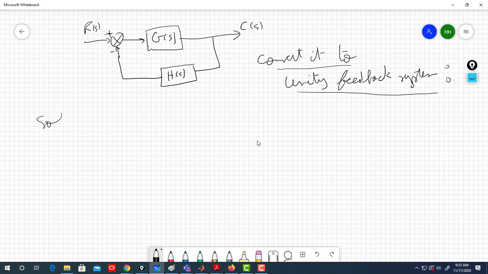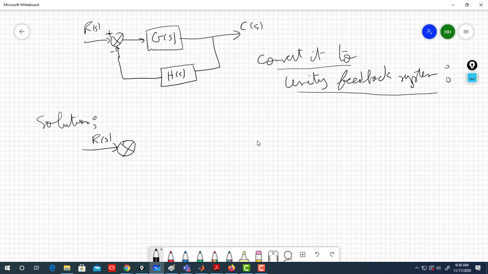Solution. Because we always, when we studied system types, based almost on a unity feedback system. So what if my system is not unity feedback in that form?